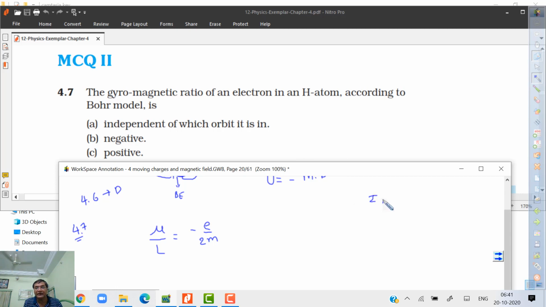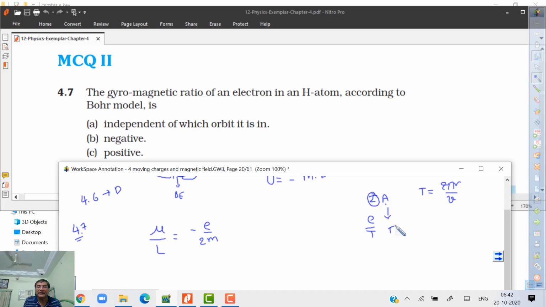Let me remind you, IA. Why current? Because of motion of the electron. So it is e upon T, 1 upon T, 2 pi R upon V, A is equal to pi R square. You have done the derivation. T is equal to 2 pi R upon V. Right?